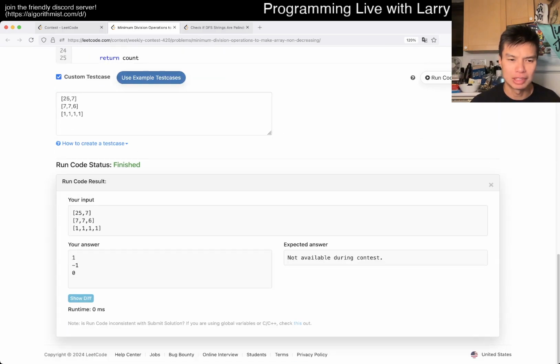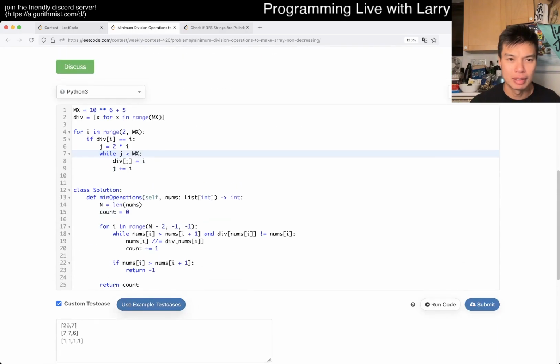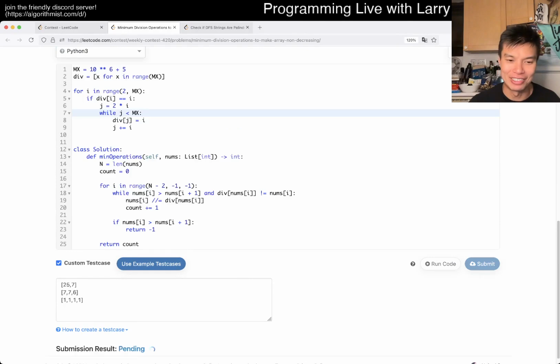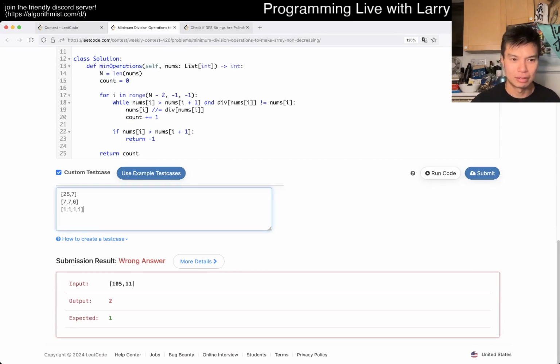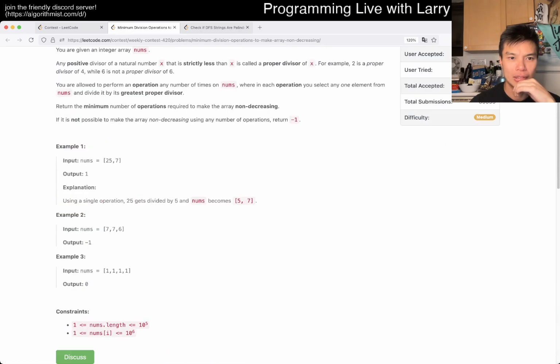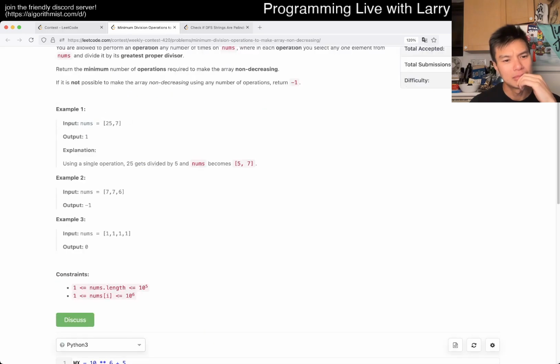Okay, 0 milliseconds, is that right? What is even a big number to test? Alright, I'm a little bit lazy. Let's YOLO. Oh, oof. Did I do the math wrong? Maybe I did the math wrong. Why is that?